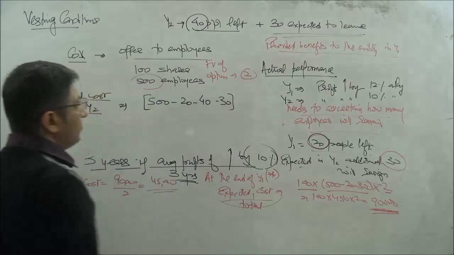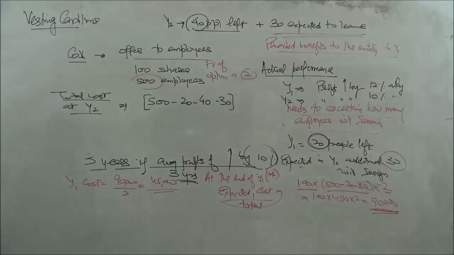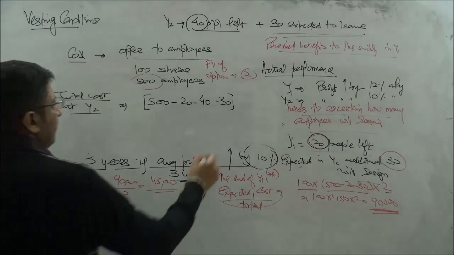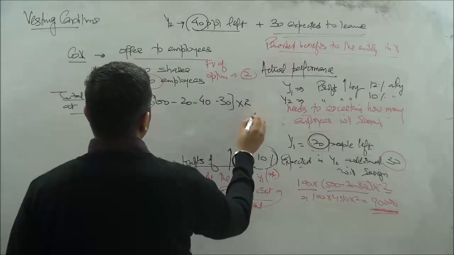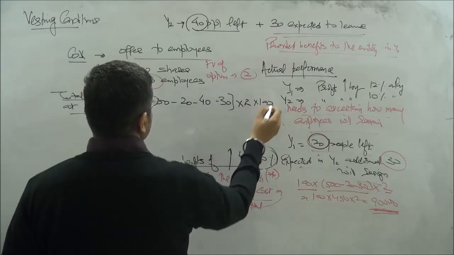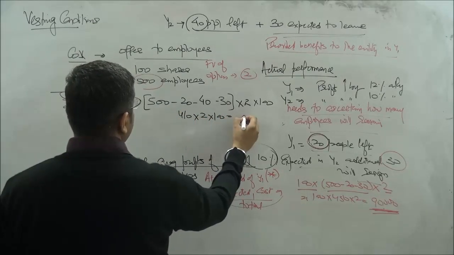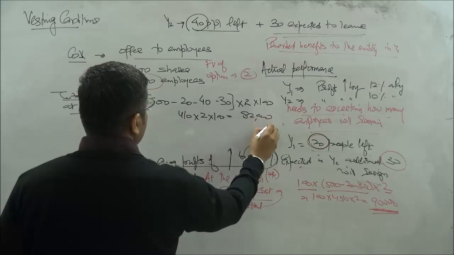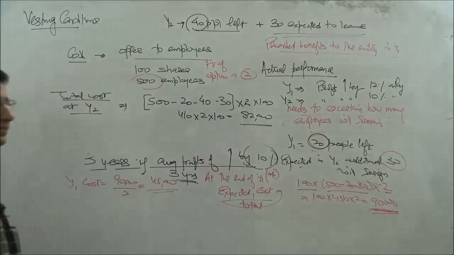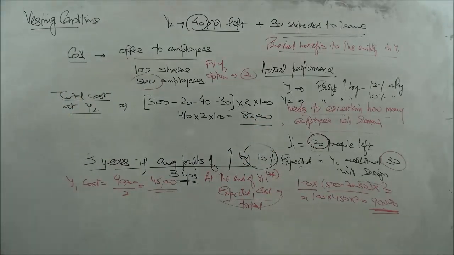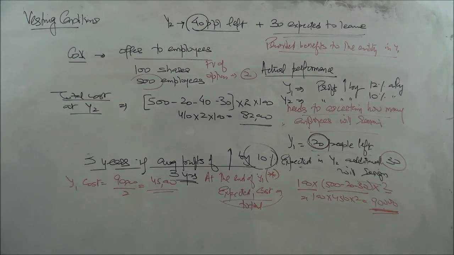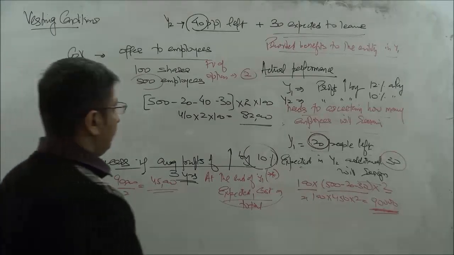These are all expected to leave, which means that this gives me 410. The value of the option initially was 2 and there are 100 shares, which means 410 into 2 into 100, that makes it 82,000. All right. Now the fact remains that this 82,000 should be charged over 3 years time.